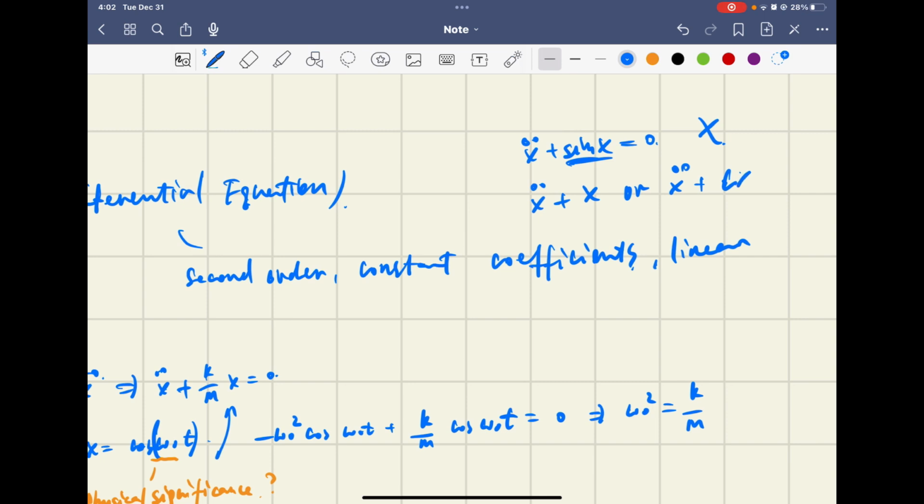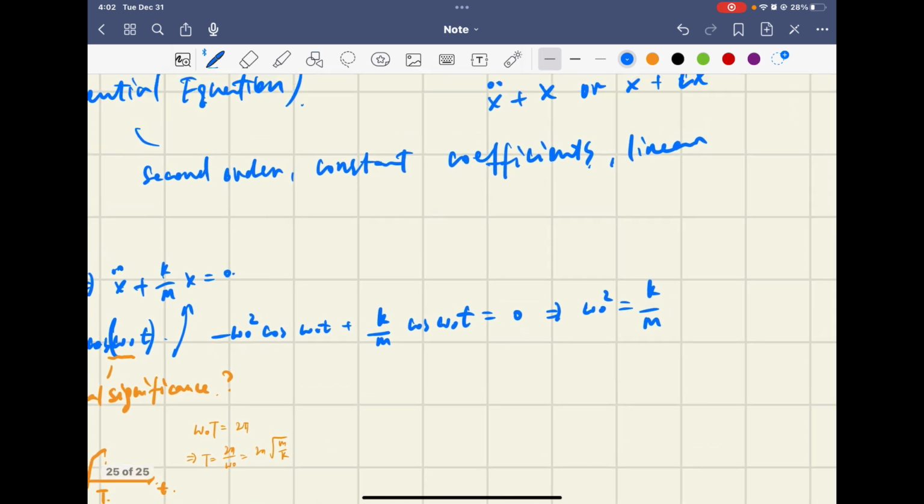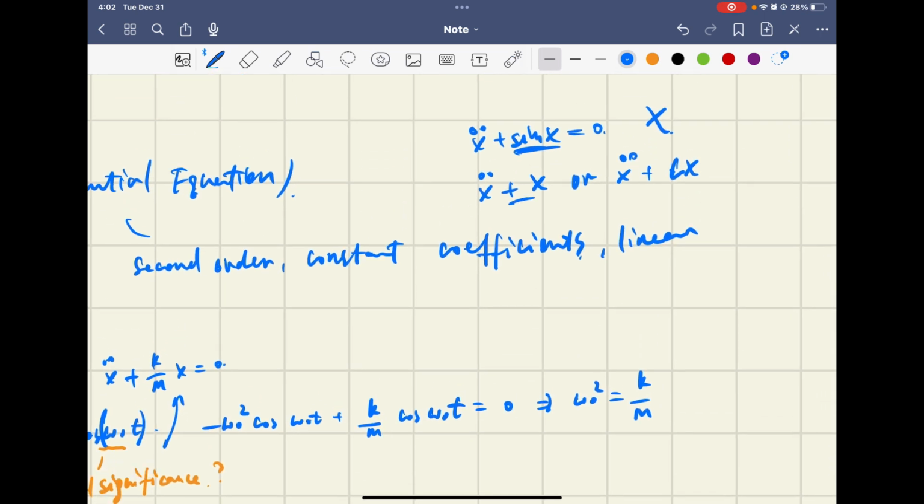Suppose C is a constant. We should only have operations like adding and multiplying. We should not have sine or log or ln, that sort of operations. That makes the equation non-linear.